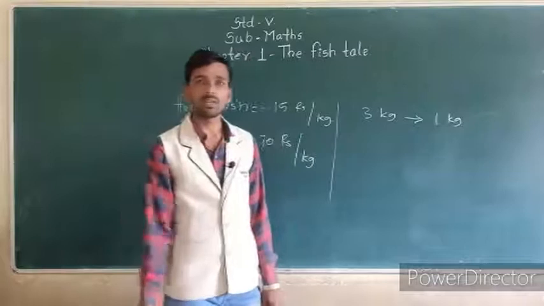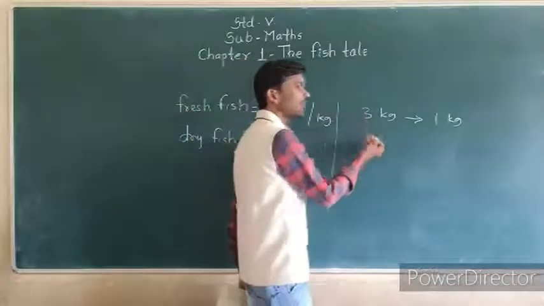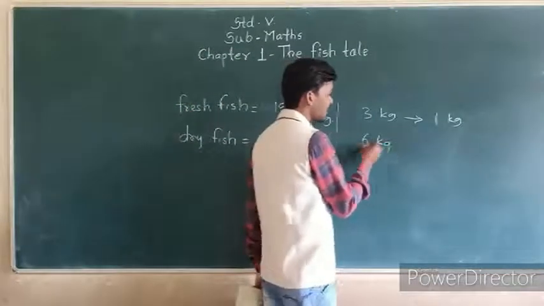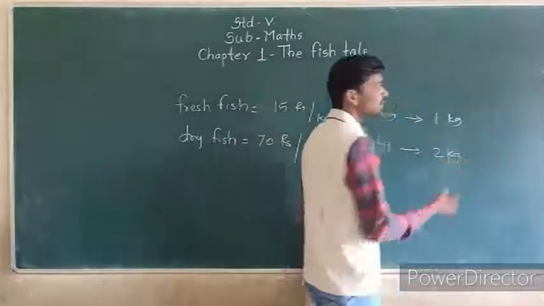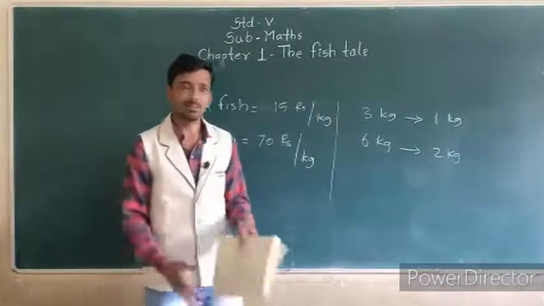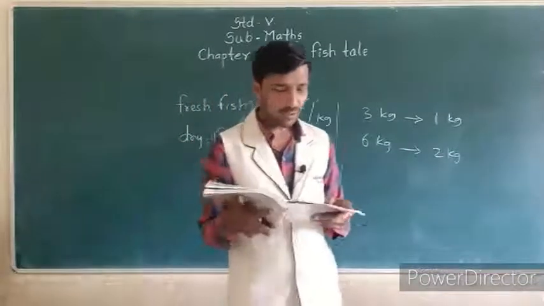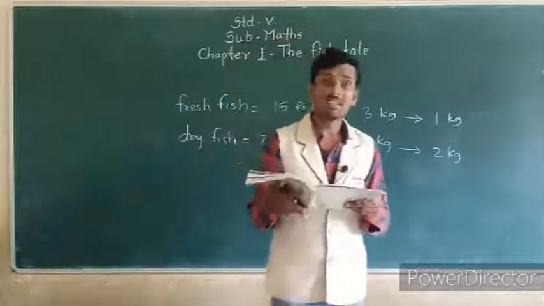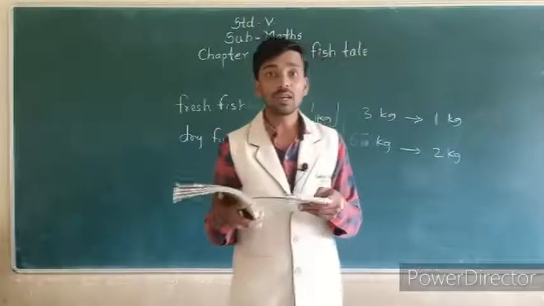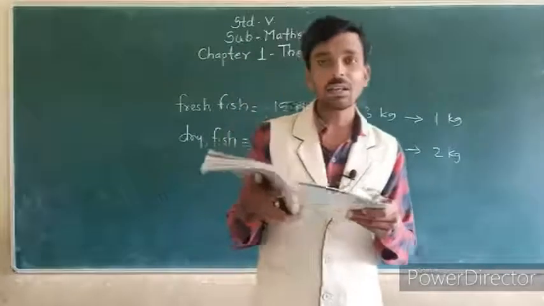Then we can double this: 6 kg of fresh fish gives 2 kg of dry fish. That is a very simple answer. So your first answer is 2 kg of dry fish.